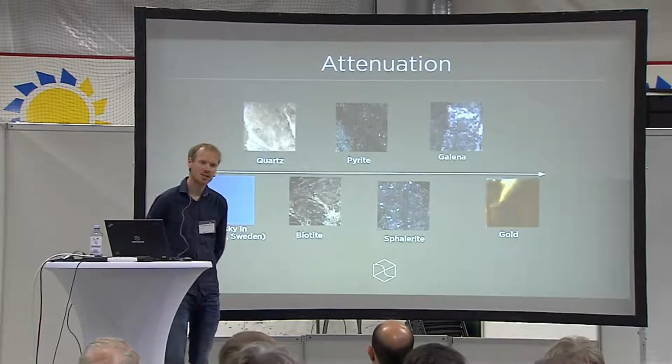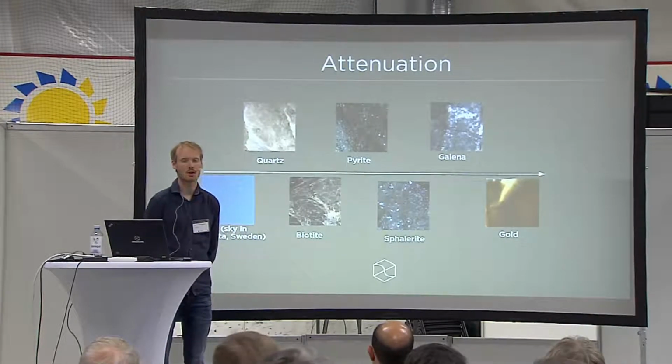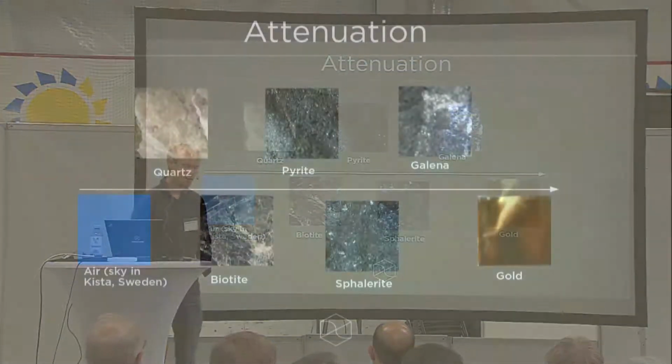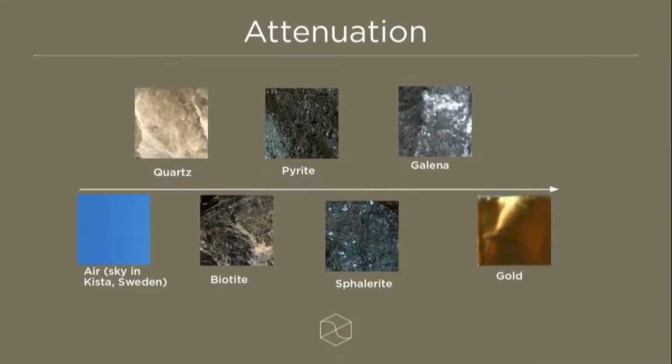So the attenuation is a property which depends only on density and chemical composition. And in terms of chemical composition, the higher atomic numbers you have in your material, the more it will block in general. So if we look at this scale here, air has, of course, a very low attenuation.